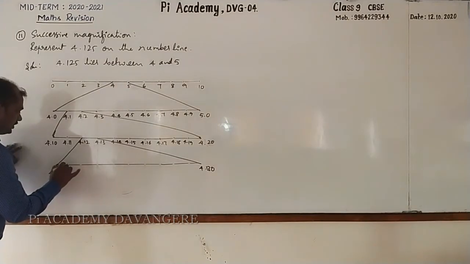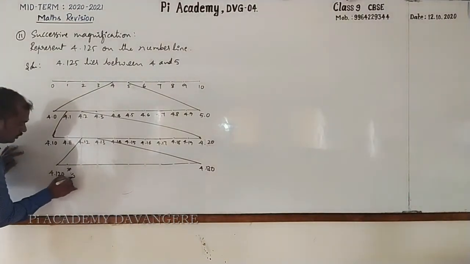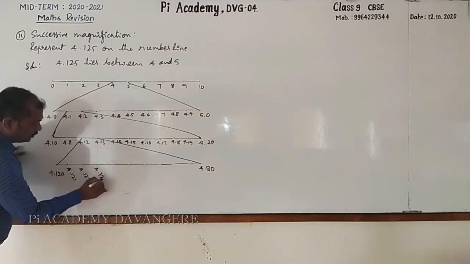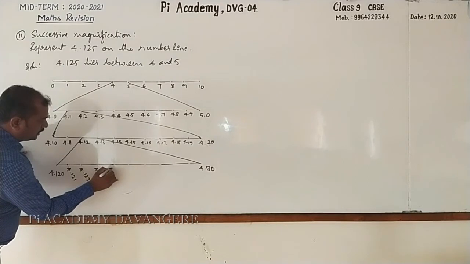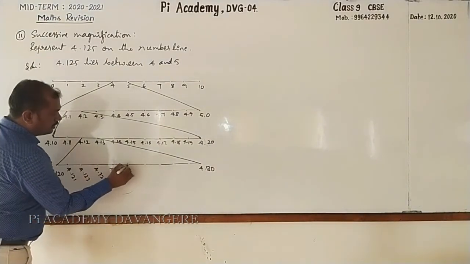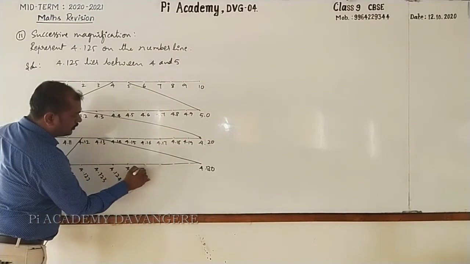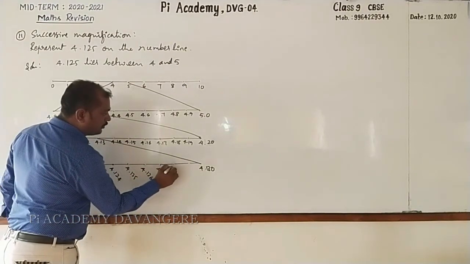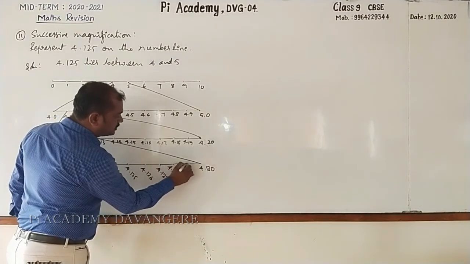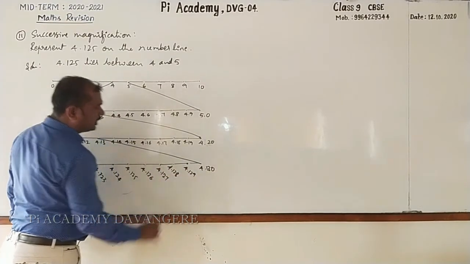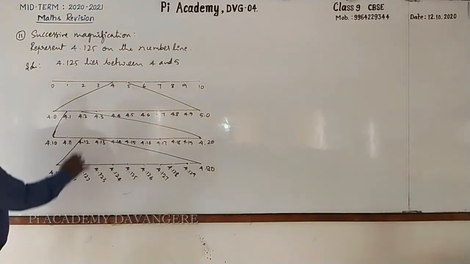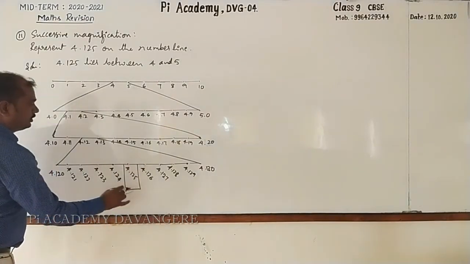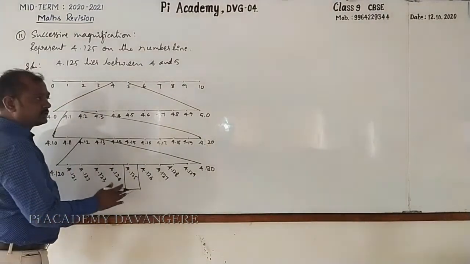Now we can write it as 4.121, 4.122, 4.123, 4.124, 4.125, 4.126, 4.127, 4.128, 4.129. Followed? The number is 4.125. This is here. You can mark like this. This is the way to represent.